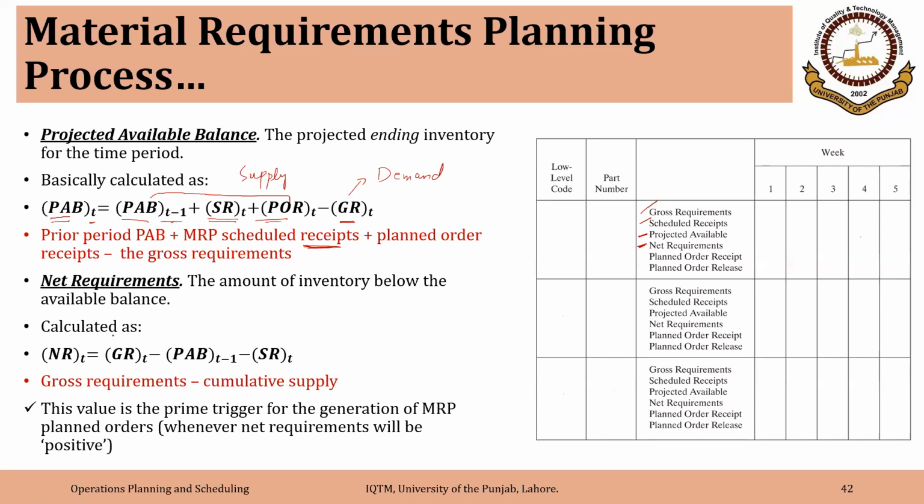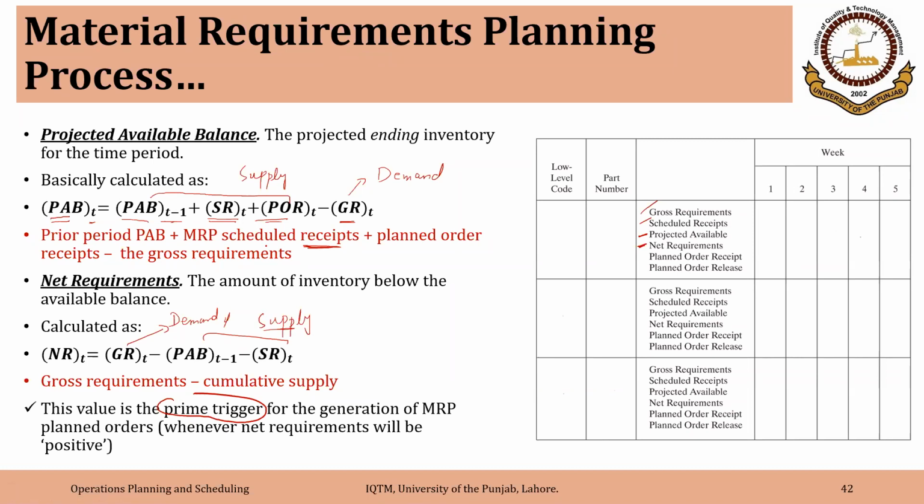Again, this is the demand, minus this, the supply. Now net requirements are very important because they are the prime trigger for generation of MRP planned orders.